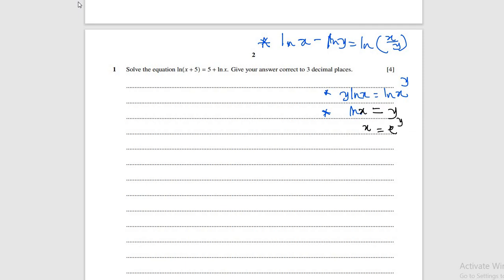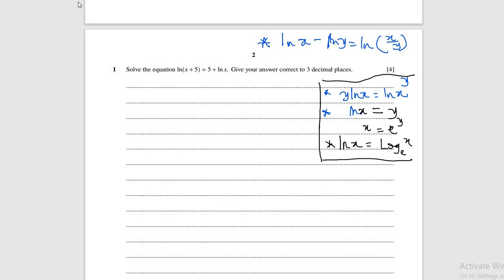That's the meaning. And also take note that ln alone, let's say ln x, is the same thing as saying log base e to x. Okay, take note of that information.